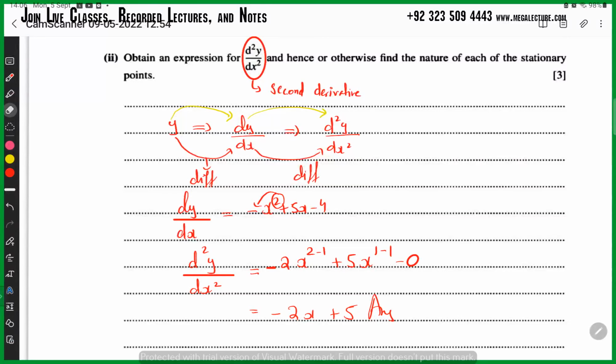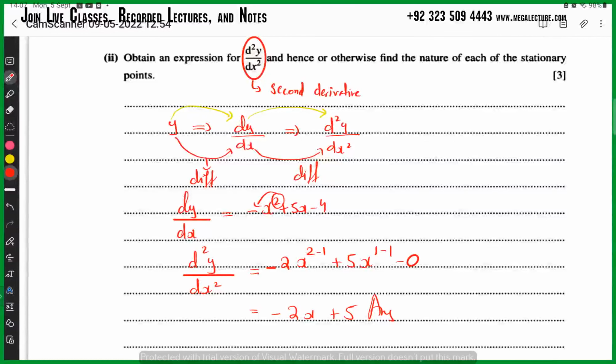Sorry, on the first differentiation, is it supposed to be minus 2x plus 5? If we differentiate 5x, it just gives us 5 here. Then when we come to the second differentiation, I think that 5 would disappear.